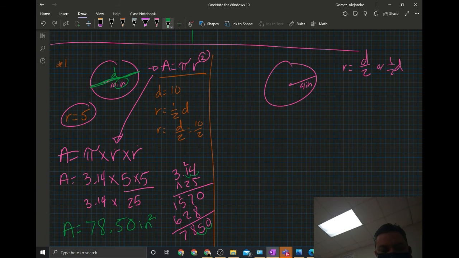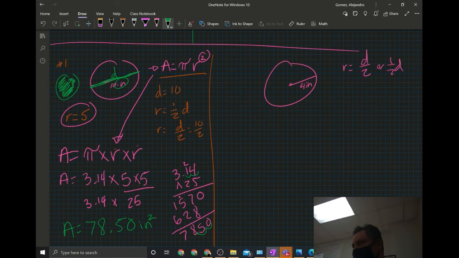Squared because we're talking about area. So what we just found is the inside of a circle. If you have a round table, how much area do you have on it? How much space you have on top to put plates, cups, silverware, whatever, food.